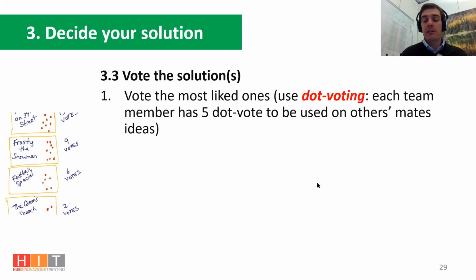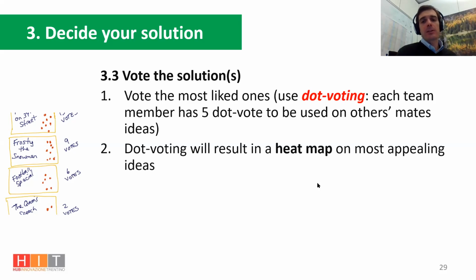Otherwise, if you are really in love with a certain idea, you can allocate 4 out of 5 dots to that specific idea, and then maybe allocate only 1 dot to a second idea that you would like to give a chance. You decide. You can also vote your 5 dots on one idea. It's up to you. Do you want to vote for your own idea? I think you're free to do so, okay?